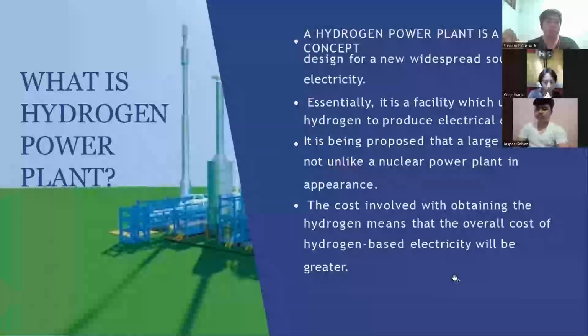They generate this electricity using the electrochemical reaction between hydrogen molecules and oxygen molecules. The cost involved with obtaining the hydrogen means the overall cost of hydrogen-based electricity will be greater. So the cost of generating electricity based on hydrogen is dependent on the process by which we obtain pure hydrogen.